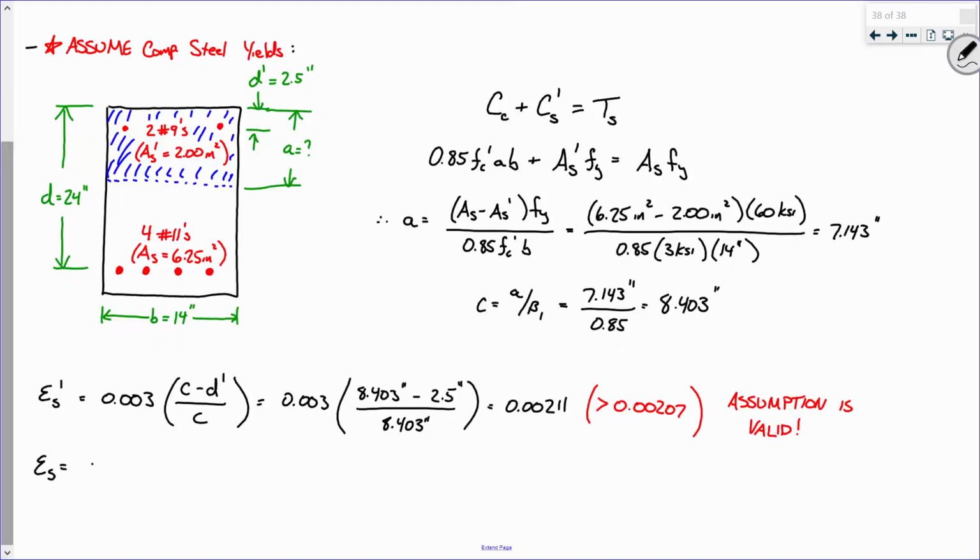Epsilon sub s is 0.003 times d minus c over c. So 0.003 times 24 inches minus 8.403 over 8.403. And so what does this come out to be?